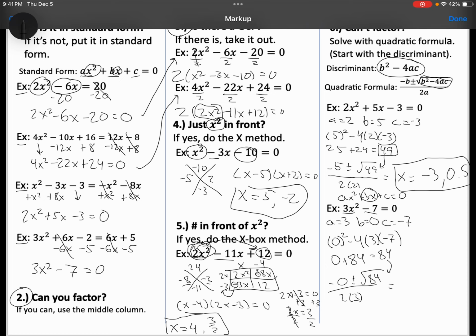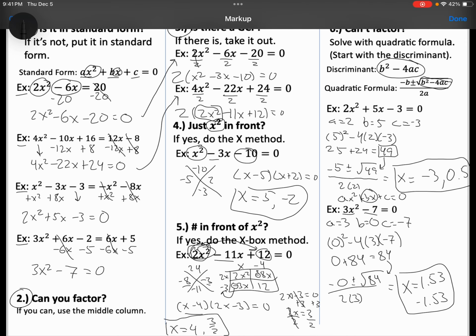So we're going to put that into our calculator. And once I put that into my calculator, I'm going to get that x is equal to 1.53 and -1.53. So these will be my two answers here.